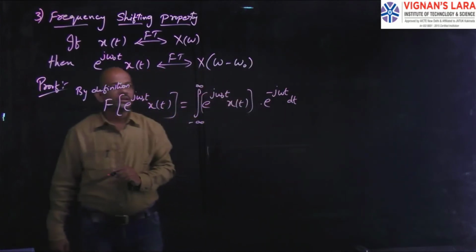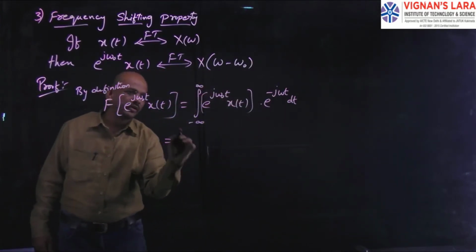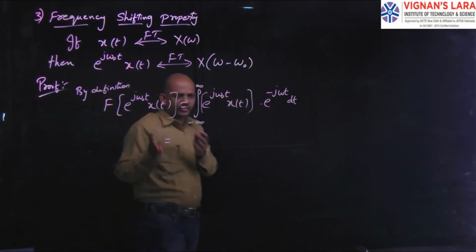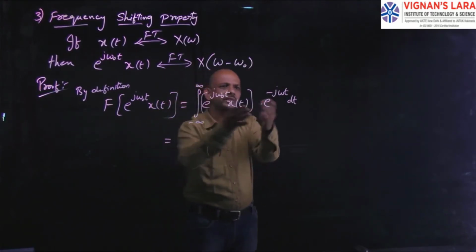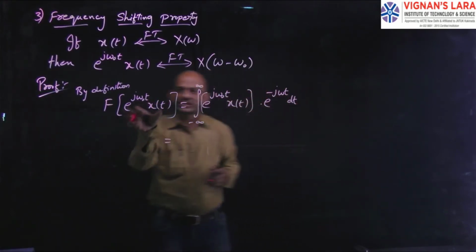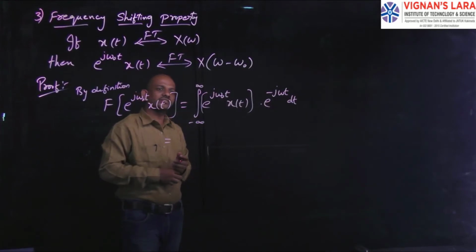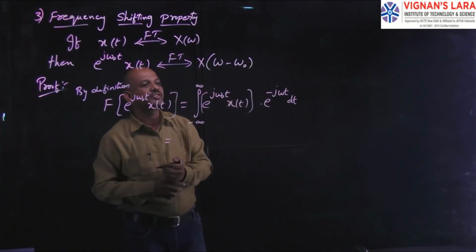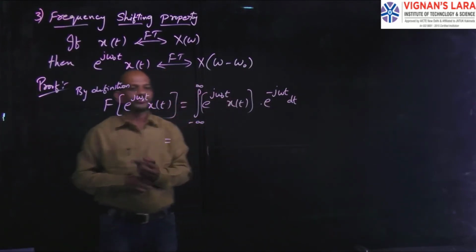This is from the definition. Here the Fourier transform of x of t is integral minus infinity to infinity x of t into e power minus j omega t dt. In place of x of t, I have e power j omega naught t into x of t. So I replace x of t with e power j omega naught t into x of t.